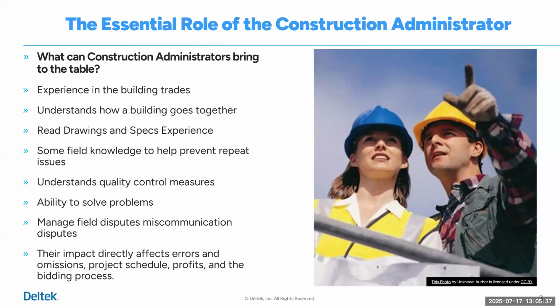What they can bring to the table is experience in building trades, understanding how a building goes together, the experience of reading drawings and specs, and some field knowledge to help prevent repeated issues. They understand quality control measures, can solve problems, and can also manage field disputes and miscommunication that could happen in the field.